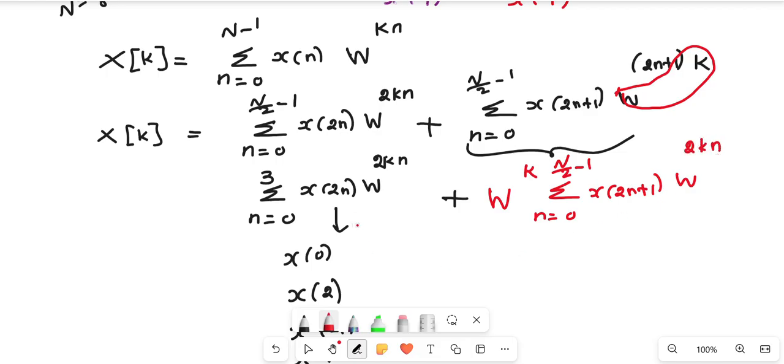So this is the even function, plus this W power k. How is it decomposed?